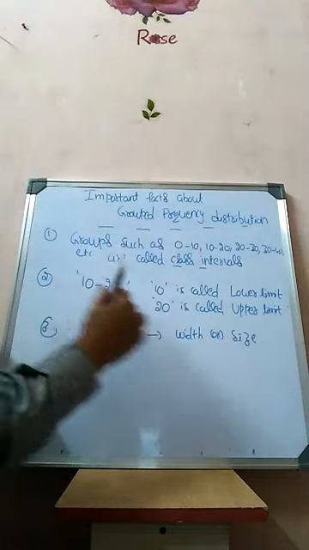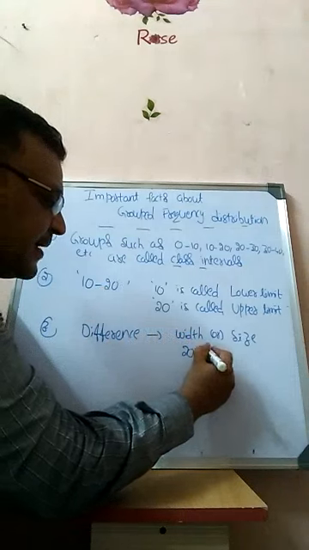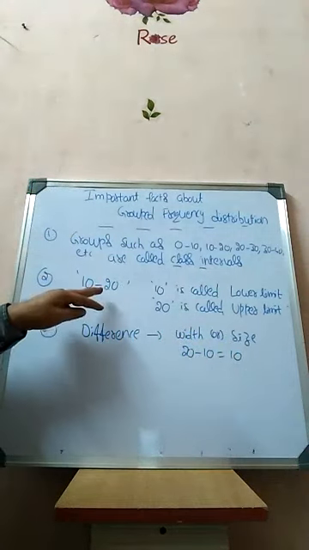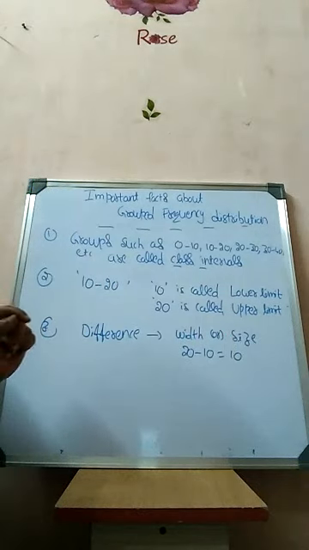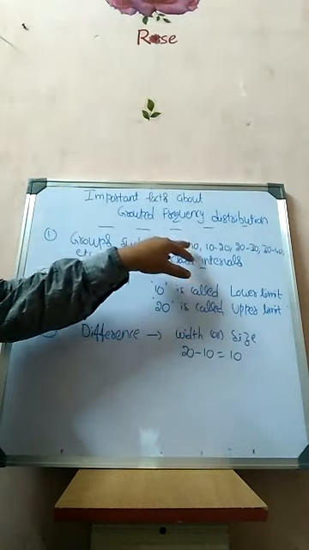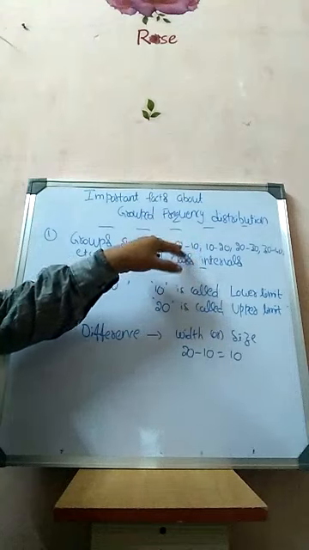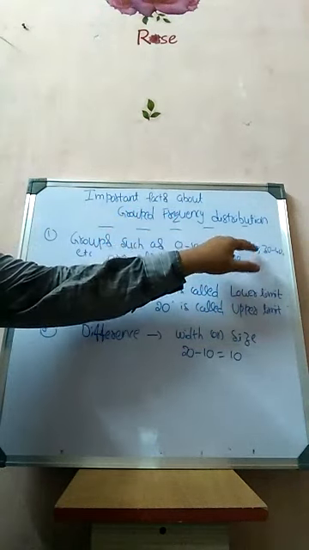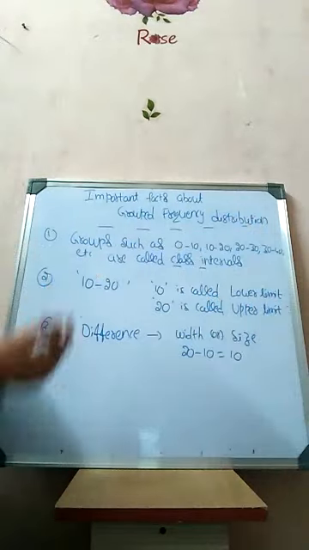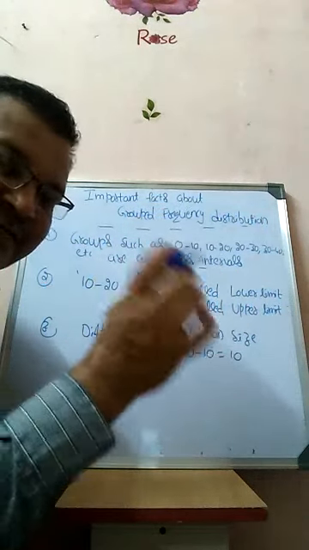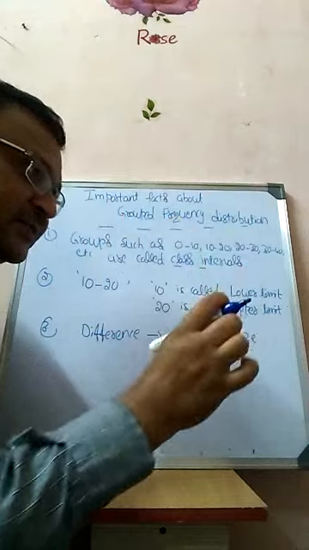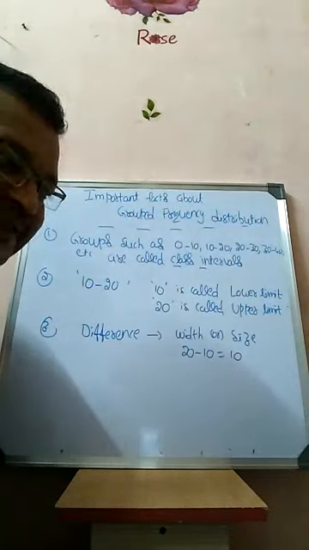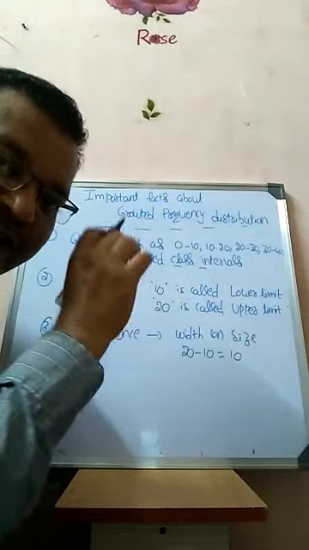That means the difference 20 minus 10 is 10. 10 is the width or size of this class. Here also upper limit minus lower limit, 10 minus 0, so the size is 10. 30 minus 20, size is 10. 40 minus 30, size is 10. So when we make groups, the width should be the same. It should not differ.